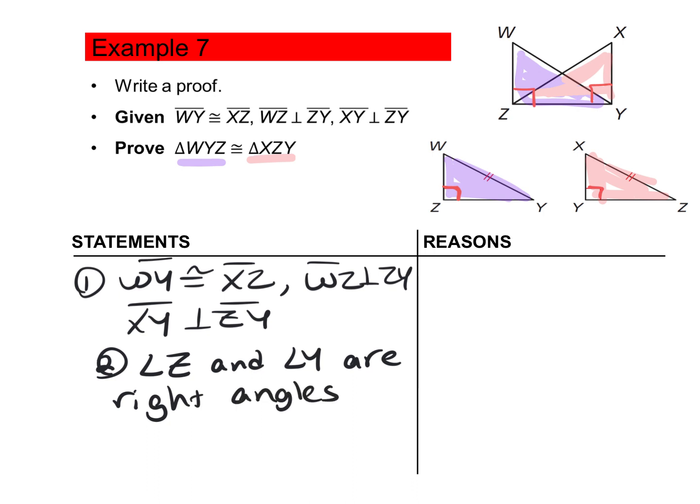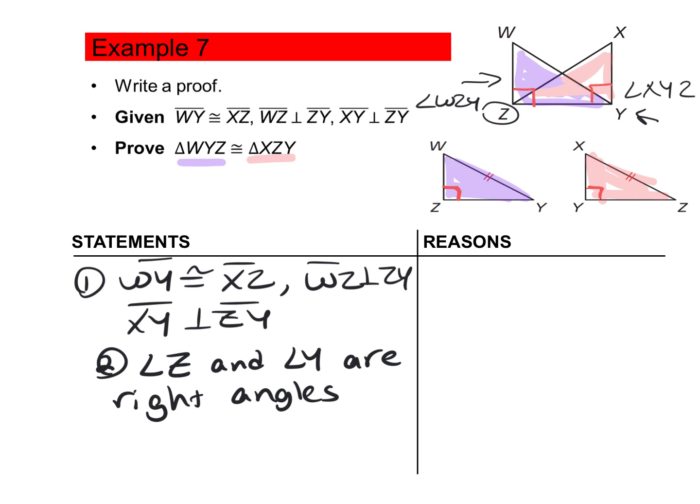Now, if you did not pull the two pictures apart like this, you would have needed to name angle Z with three letters. So if you left it like this, you would have had to tell me that this angle Z was actually WZY, and the angle Y was angle XYZ.